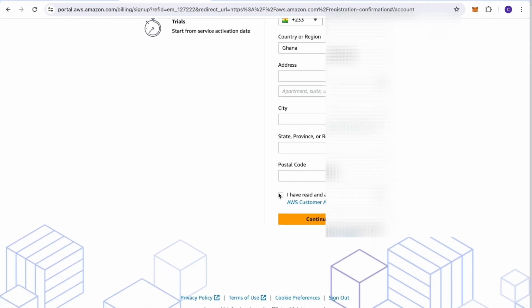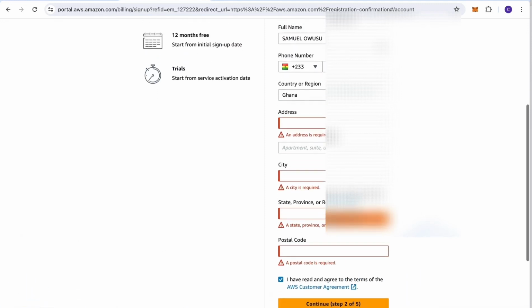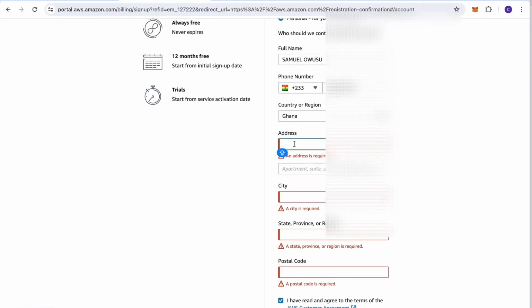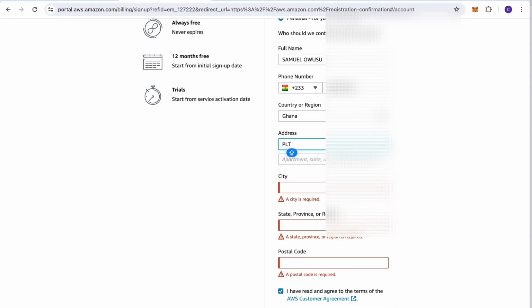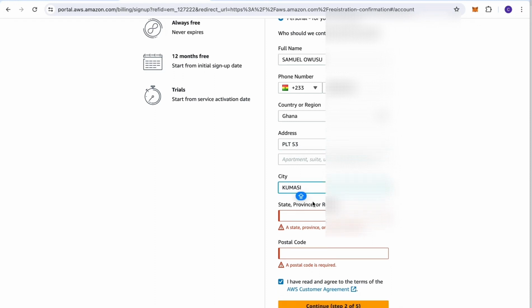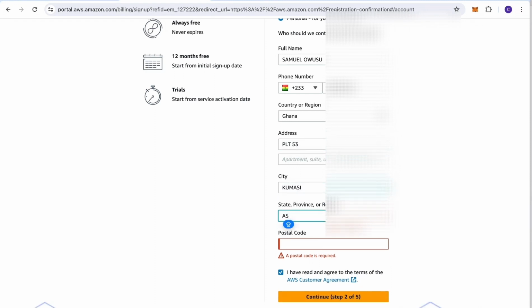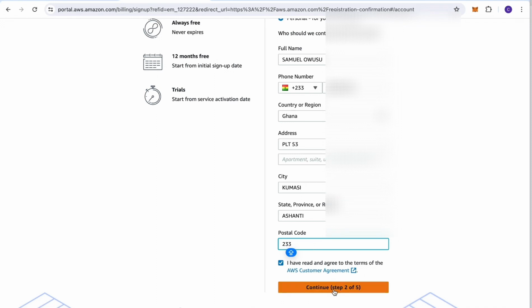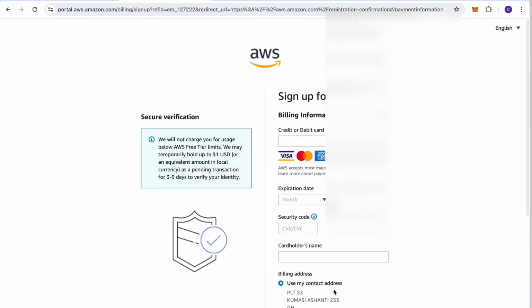Address. Okay, if it's not mandatory, I'm going to skip. Oh, okay, so address. City, I'm in Kumasi. Ashanti. 233. Okay, you click on continue.